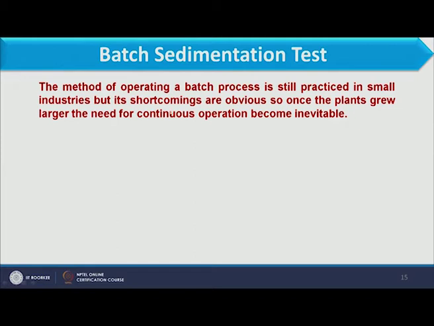Now the method of operating a batch process is still practiced in small industry, but its shortcomings are obvious. Once the plants grew larger, the need for continuous operation became inevitable. So here we have already carried out the test at batch condition. In some small industries, batch sedimentation is used, but for larger plants continuous operation is required.